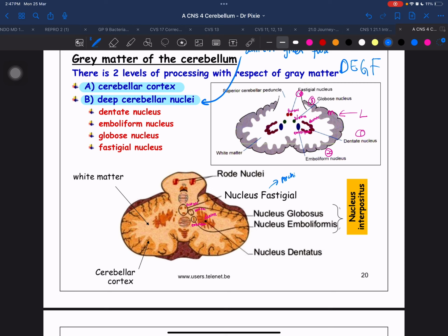This is the anatomical loop: anterior, posterior, flocculonodular. But if I relate to phylogenetic, then anterior is paleocerebellum, and paleo always talks to spinal cord. Flocculonodular is archae, it always talks to the vestibular nuclei.